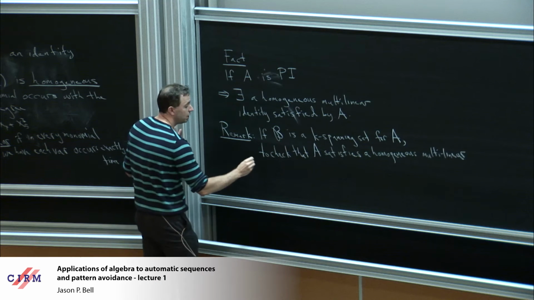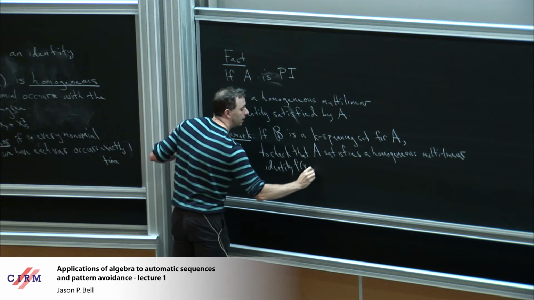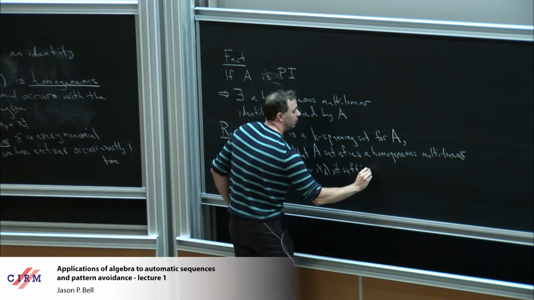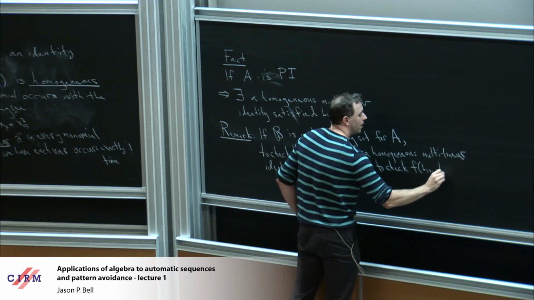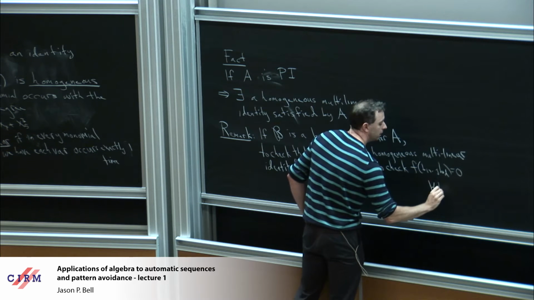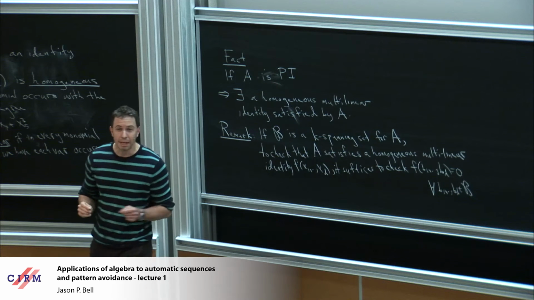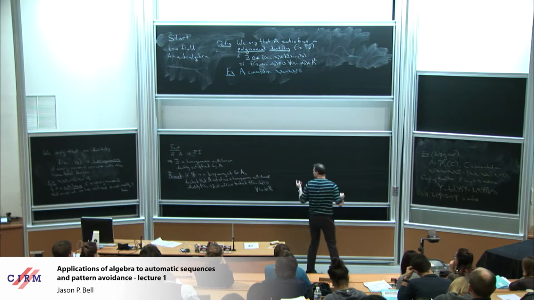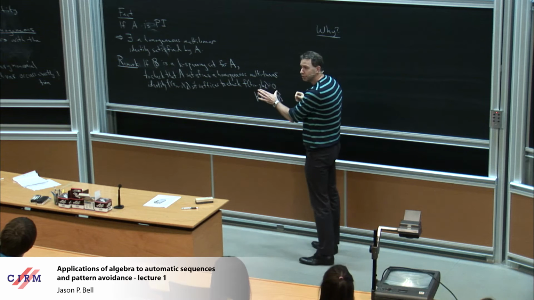So to check that A satisfies a homogeneous multilinear identity F, it suffices to check evaluations just on the spanning set. So it saves you some time. And this is an easy remark to see why. Well, suppose I know all of these guys vanish, right?